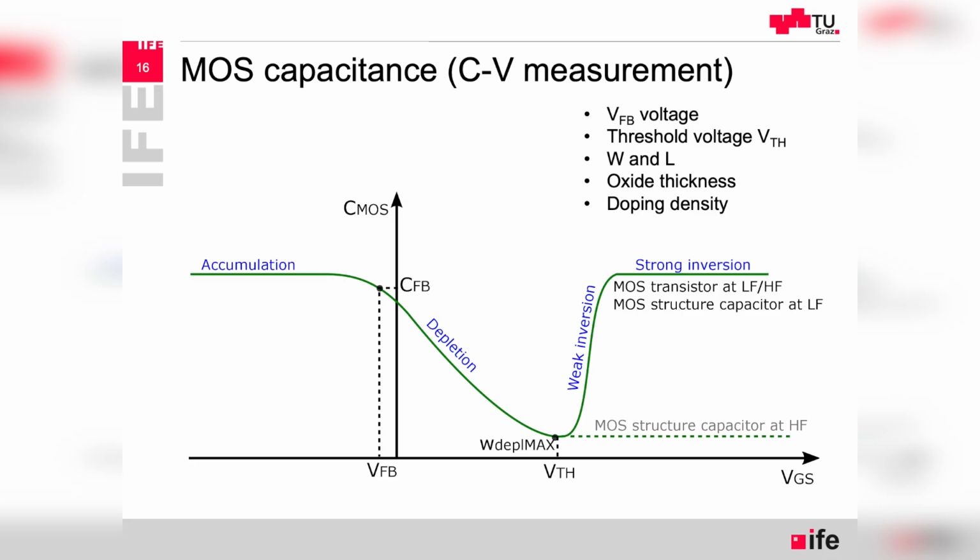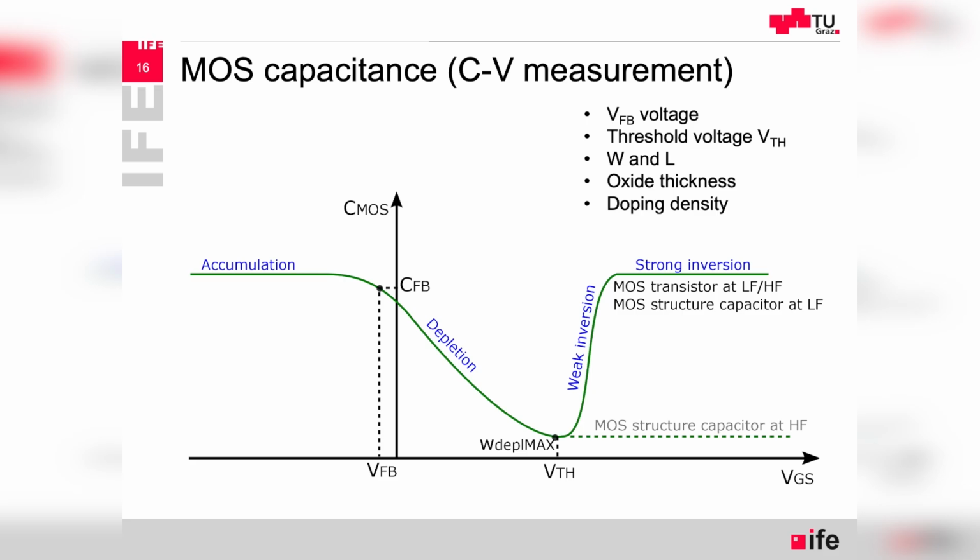And as we reach the flat band condition, where we start building up this depletion region, the depletion capacitance will be coming into play, and also because of the series connection of the oxide capacitance and depletion capacitance, which gets lower and lower, we see that the overall gate capacitance is decreasing.